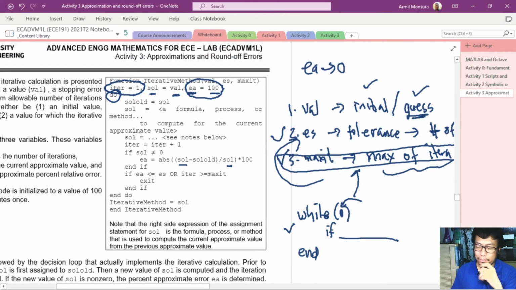Okay. Which is actually easier to understand compared to writing the decision here. Okay, but I don't know which is more efficient. I think mas efficient yata in terms of computation yung nandito yung decision criteria kaysa meron siyang if statement. Okay. So I don't know, pero as a practice, ganito muna yung gawin natin.